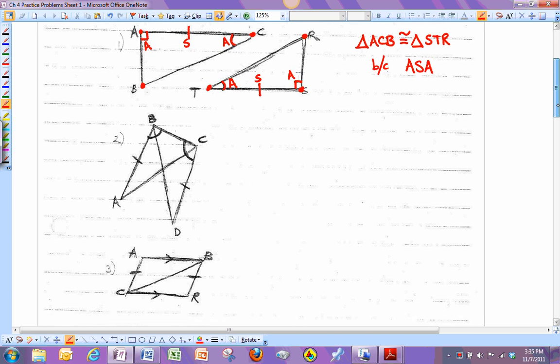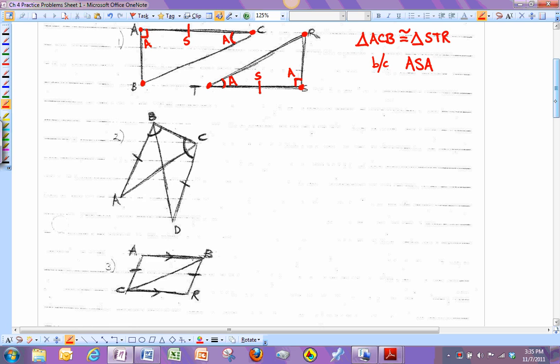Okay, now if I go down to the next one here, this one's a little bit trickier because the triangles overlap. I'm going to look at this triangle right here, A, B, C, which has a 1 curve and a 1 tick mark on AB there. And then I'm going to move this over to the side so we can look at it.